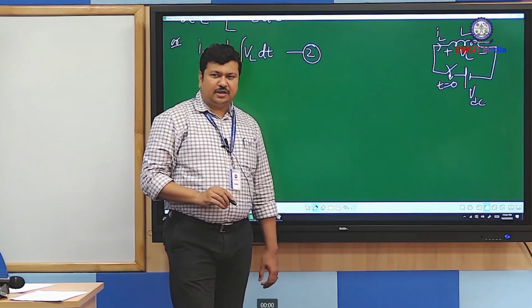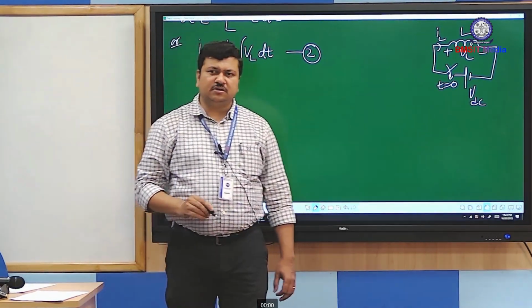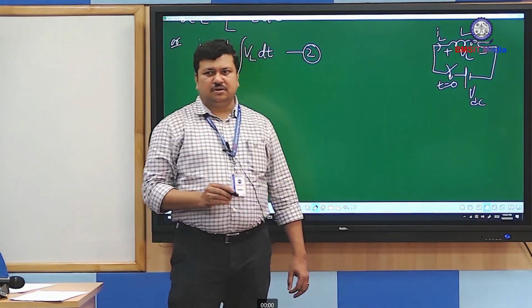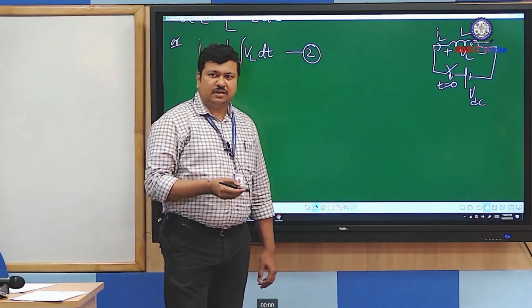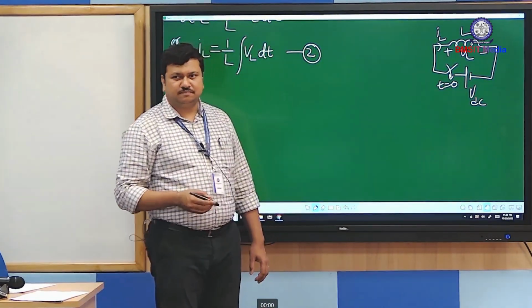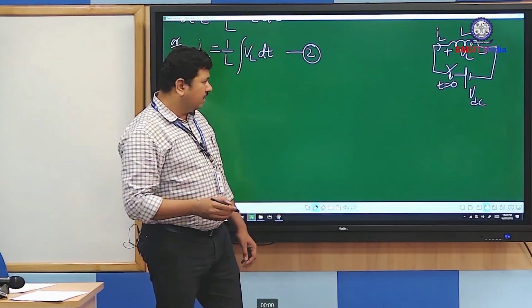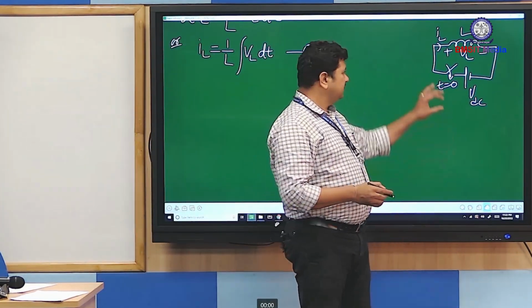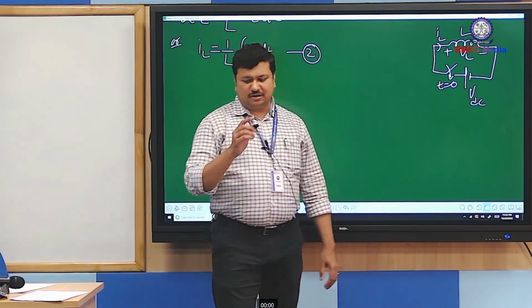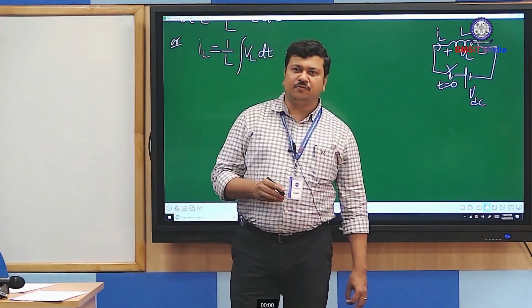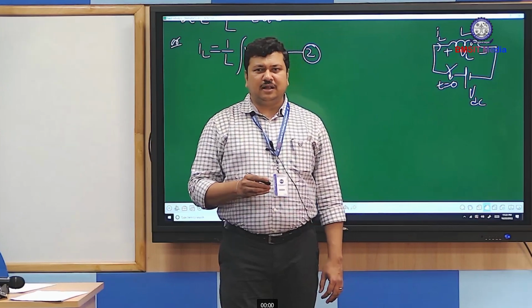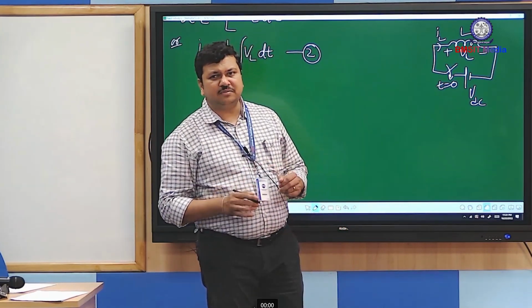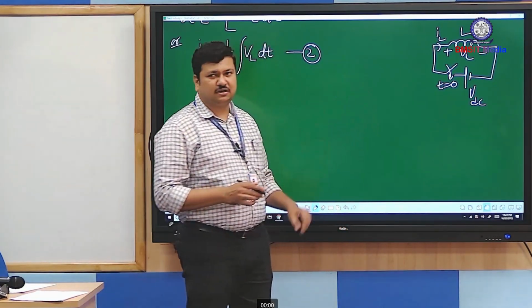The switch is operated at time t equal to 0, but I don't know whether there were some initial conditions or not. This inductance is an energy storing element, so there can be some initial conditions present in this inductance.